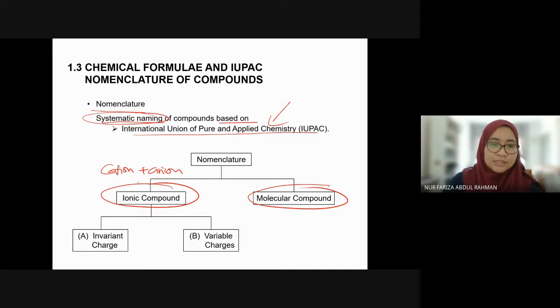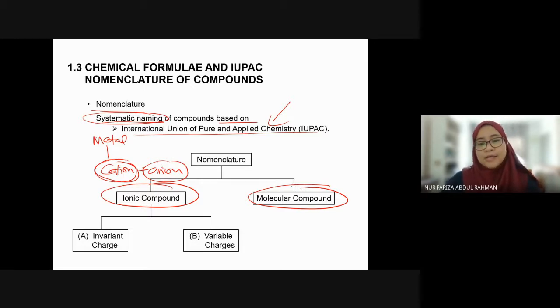It can be a polyatomic ion, which will be covered later in the slide. It's supposed to be cation and anion. Most of the time, the cation comes from metal, and the anion comes from the non-metal.